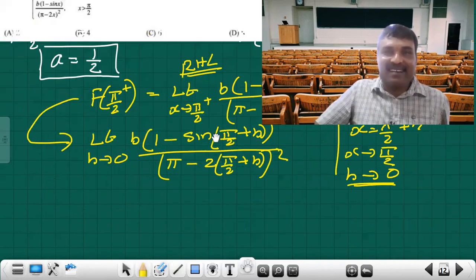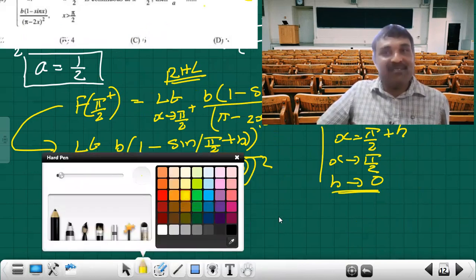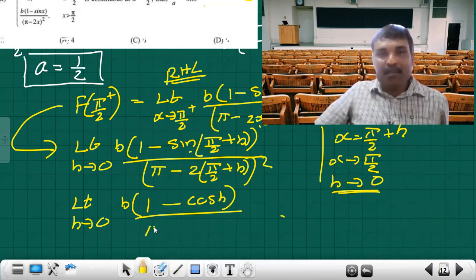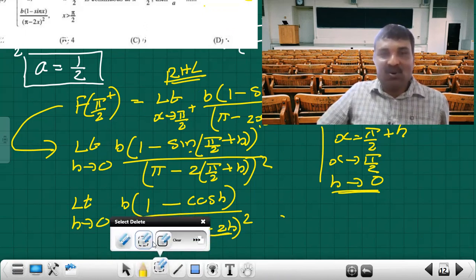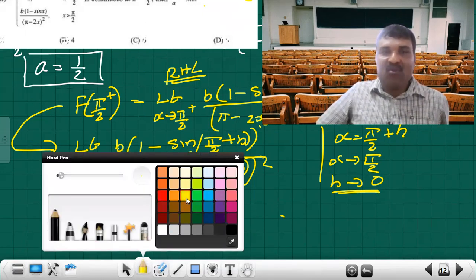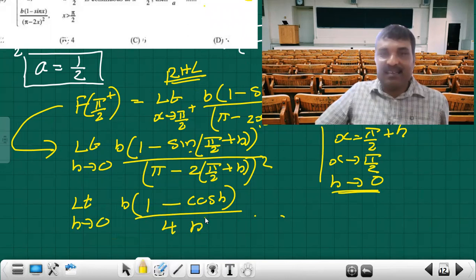Now we can simplify. This becomes limit h tends to 0 of b multiplied by 1 minus cos h, divided by the denominator pi minus 2 into pi by 2, that is pi minus pi minus 2h, the whole square. The pi and minus pi cancel, and minus 2h whole square becomes 4h square.